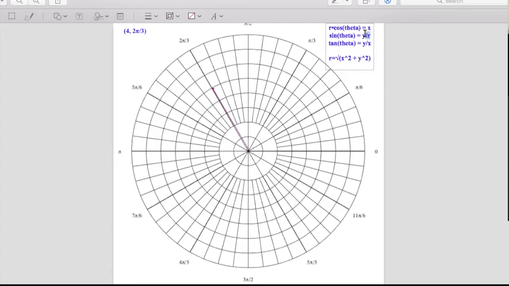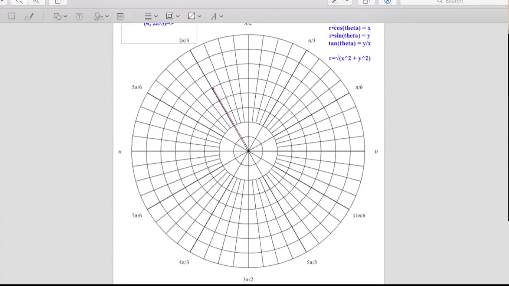And the sine of theta is equal to y over r. I can multiply both sides by r and get r sine of theta is equal to y. So if I already know the polar coordinates here of 4, 2 pi over 3, I can actually turn this into xy coordinates by saying x is r cosine of theta.